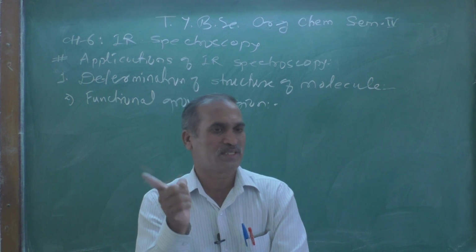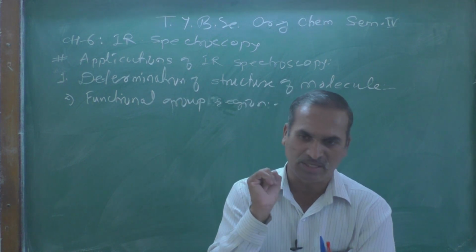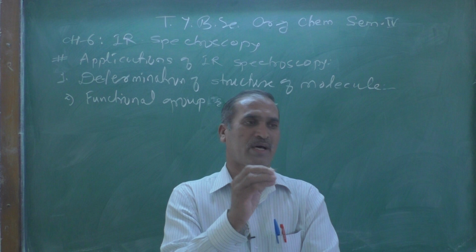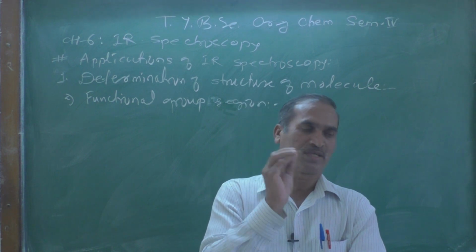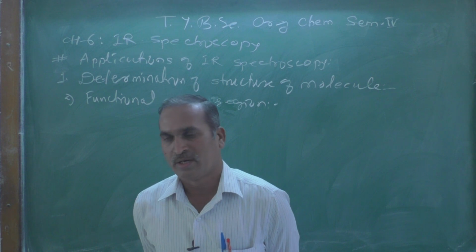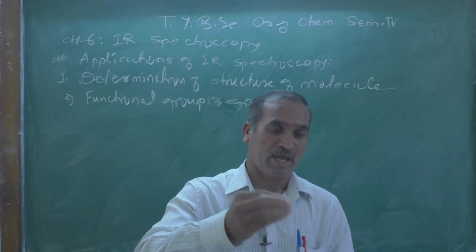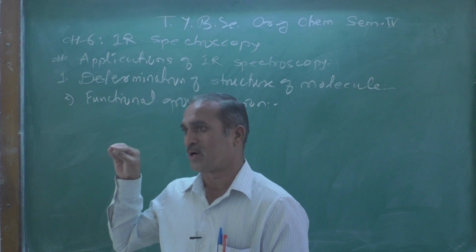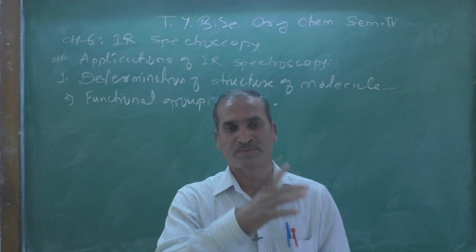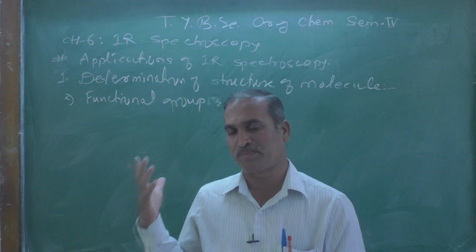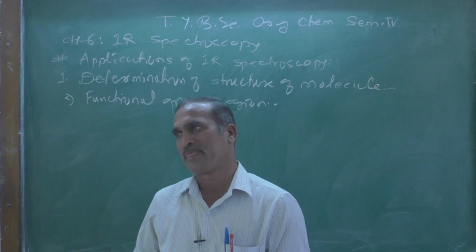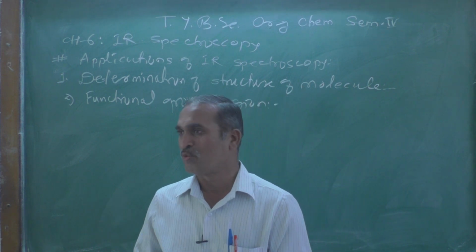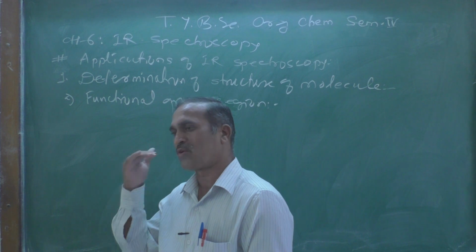Or suppose halides are present, and as we know, halides produce a peak around, let us say, 600 to 800 per centimeter. From that the organic chemist comes to know that a halide atom or halide group is present in the organic compound.